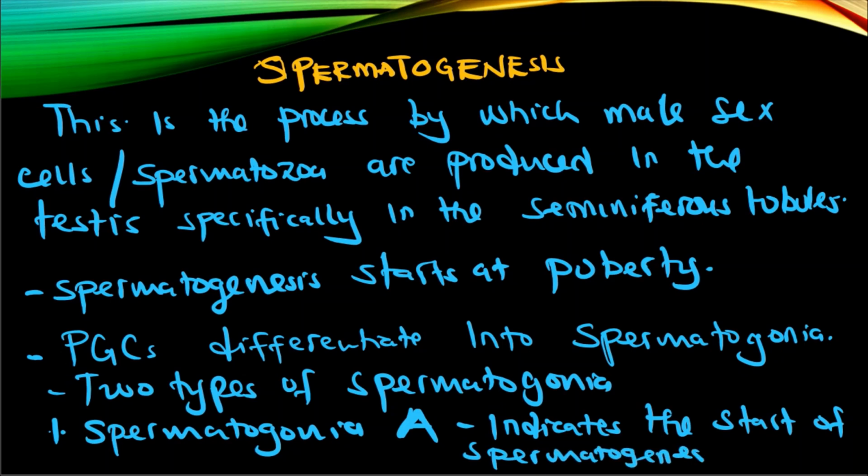The other type is called type B spermatogonia. This spermatogonia B is the one that will produce primary spermatocytes. Let's look at how it happens.